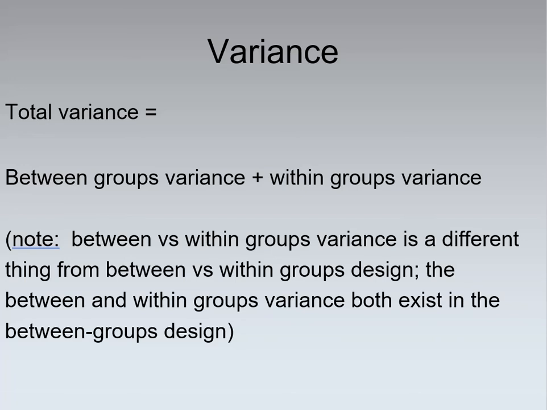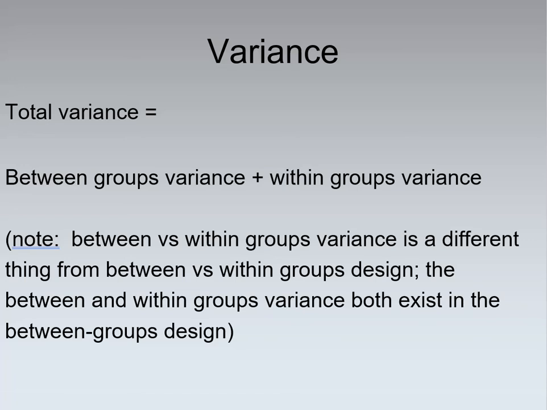Now that we know that it makes more sense to run an ANOVA, let's talk about the different types of variance. First is the total variance, which is all of the variability of all the scores from the grand mean, which we talked about in a previous slide.